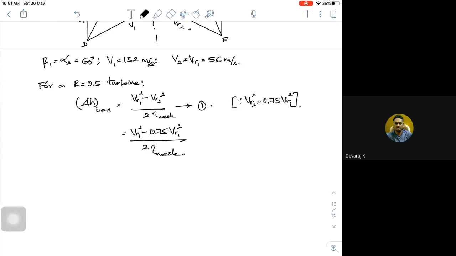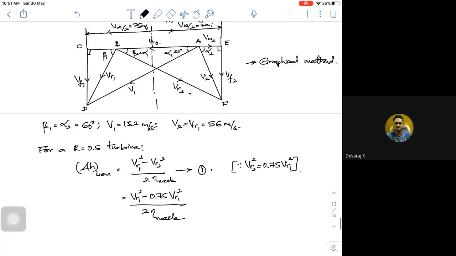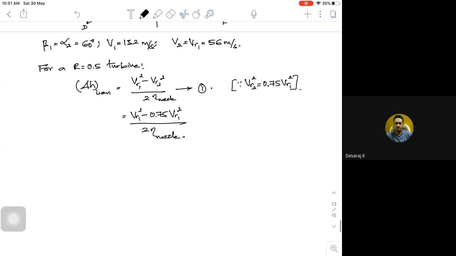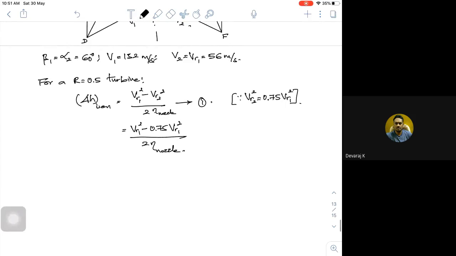VR2 is equal to V1. And also the efficiency is 90%.